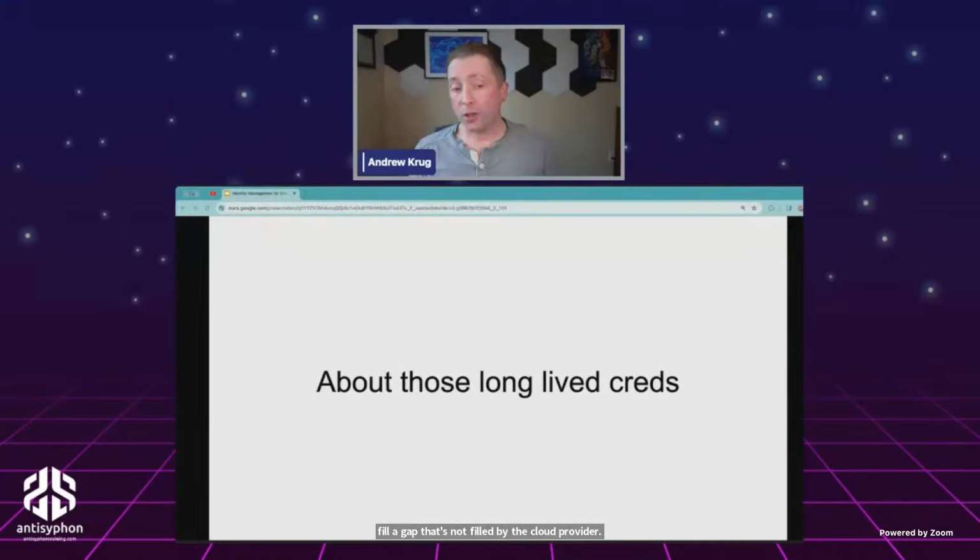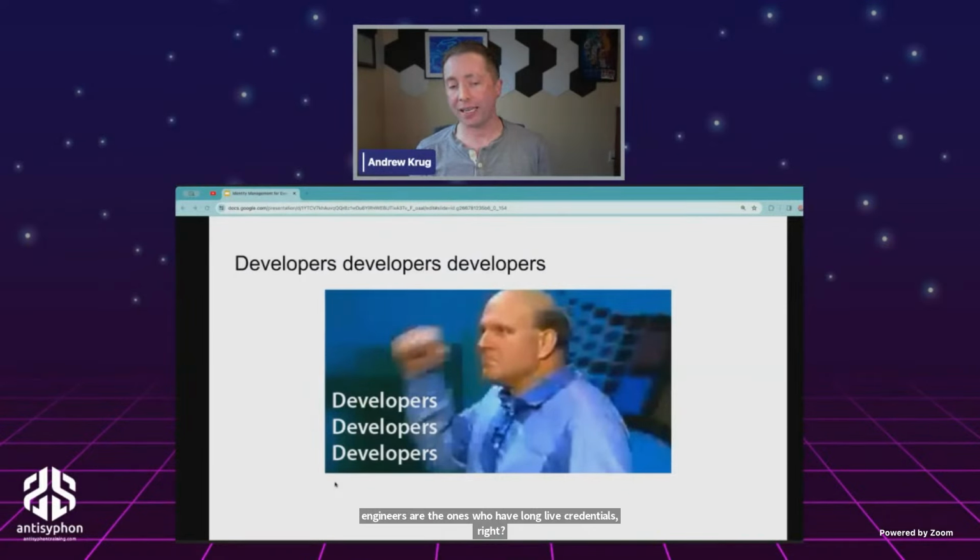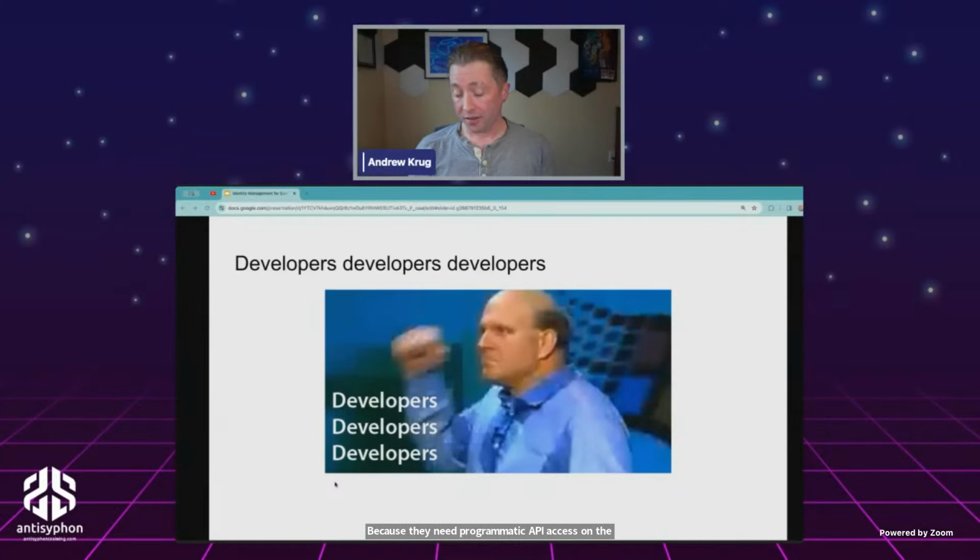So about those long-lived credentials, right? We know that dangerous policies are dangerous. We know that long-lived credentials are bad. Not to pick on anyone in particular, but usually engineers are the ones who have long-lived credentials, right? Because they need programmatic API access on the machines that they have in order to do the job that they do on a daily basis. The fact that developers are leaking credentials is not really the problem.